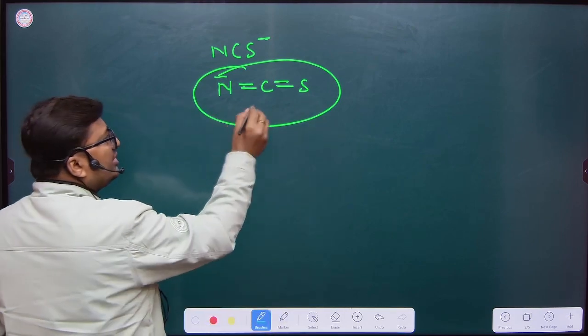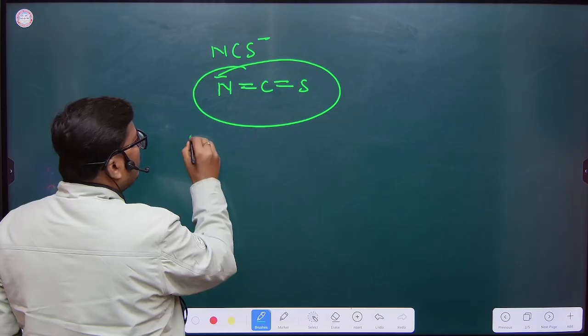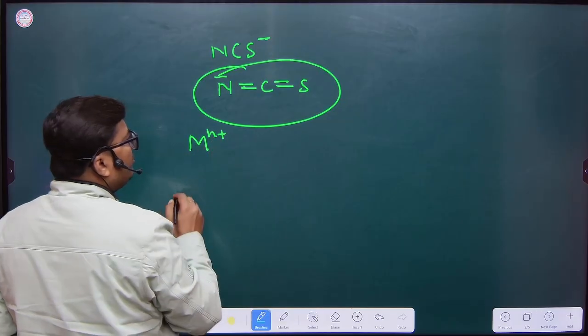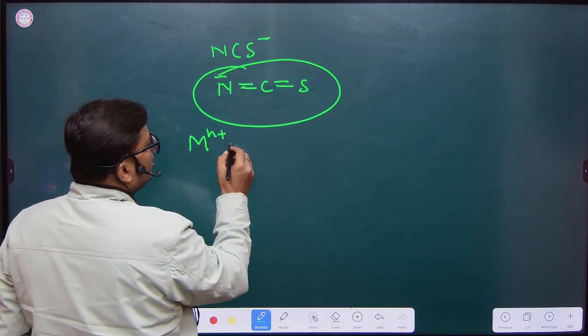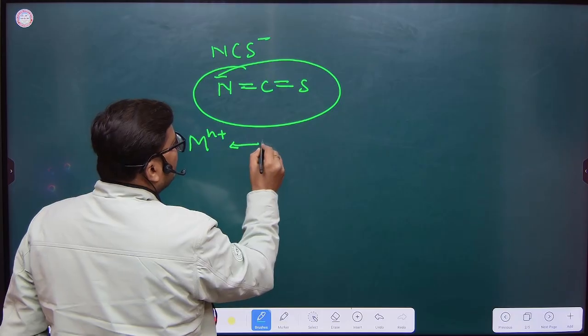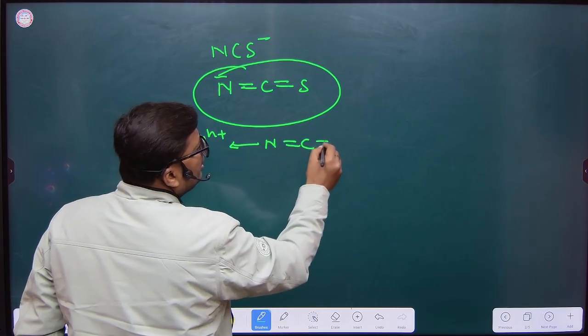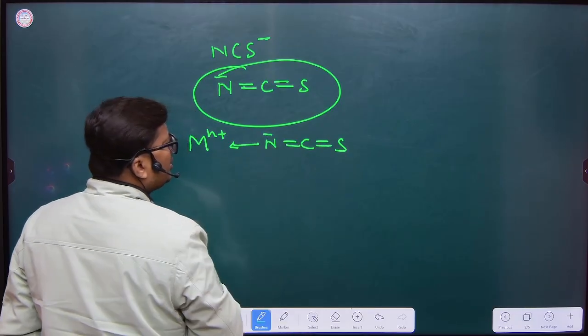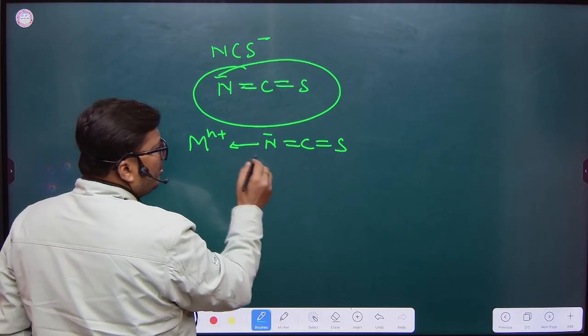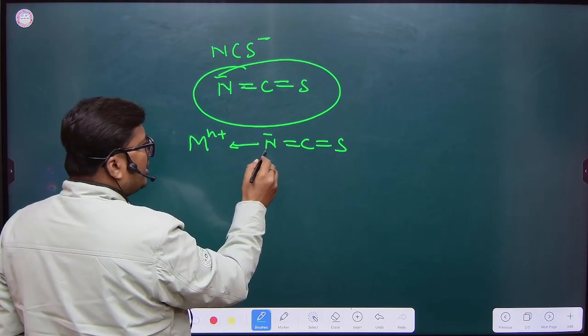So this ligand can form a complex with a metal in a particular oxidation state with N, C double bond S, N minus, right? So M n plus, here nitrogen acts as a donor site.